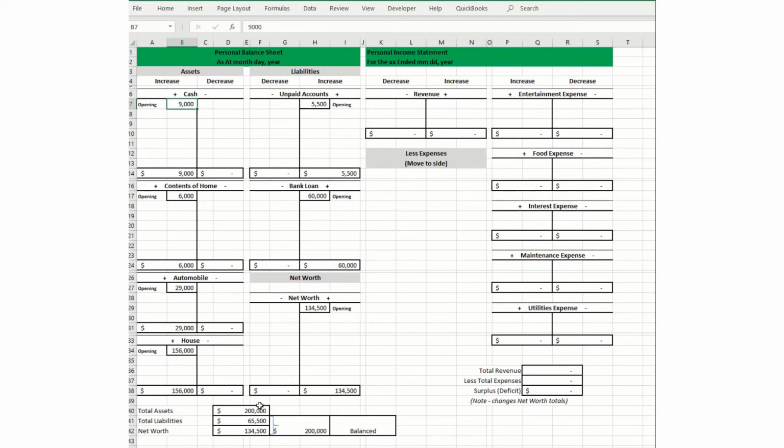But what you want to do before you start any problem is actually validate that your opening balances tie in with each other. That is, assets equals liabilities plus net worth. So my formula at the bottom here tells me my total assets are $200,000. And my total liabilities of 65.5 plus net worth total 200,000 for those two categories. I've also built in a little check that tells me whether we are in balance or not in my Excel version.